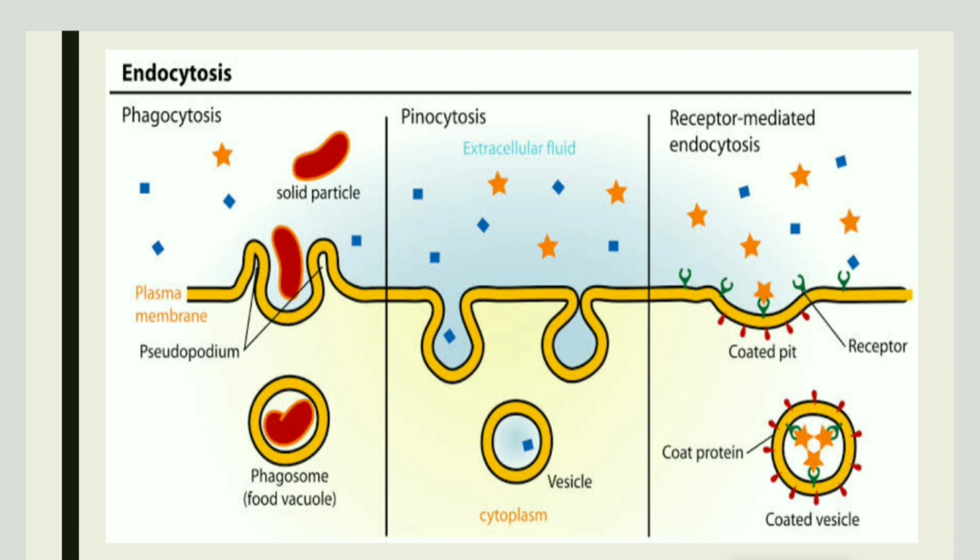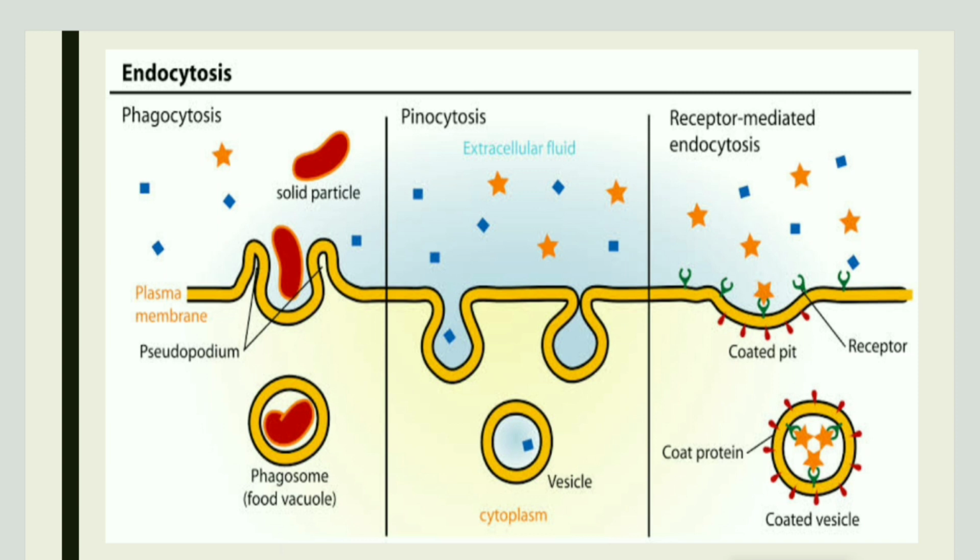Now let us summarize the 3 types of endocytosis, that is phagocytosis, pinocytosis, and receptor mediated endocytosis. Phagocytosis is the process of taking in solid or large particles with the use of pseudopodia, and once these particles are taken in, a phagosome is obtained. In pinocytosis, water-soluble substances are taken inside a cell, and once these substances are attached to the cell membrane, a vesicle is formed.